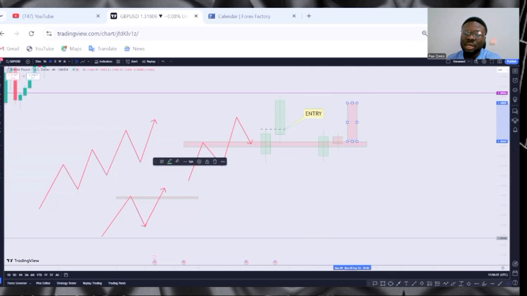So this is a break. I call it a candle break and retest. The reason I'm saying that is, you see the candle broke out, made a retest and a trend continuation. So this is what I want to see in case I want to enter the market.